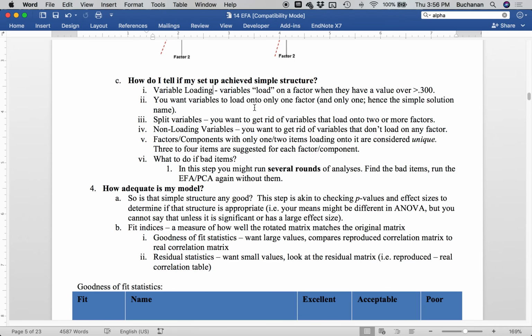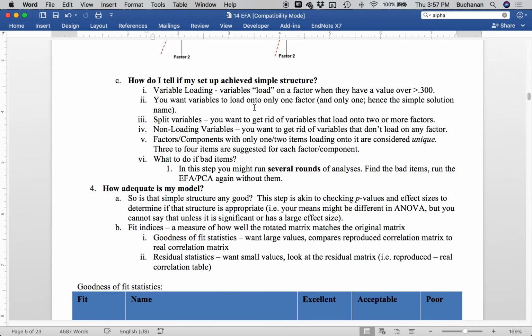One reason you might not want a question to load on multiple factors is, let's say you're creating a subscale. If one question is in both subscales, you're using that question twice, and it's a little weird for it to be in both.